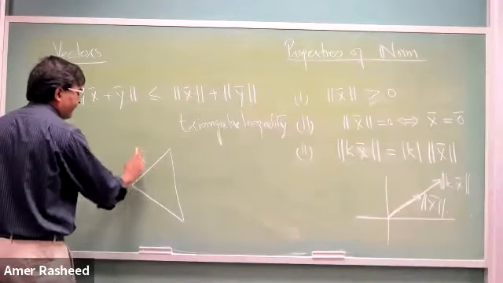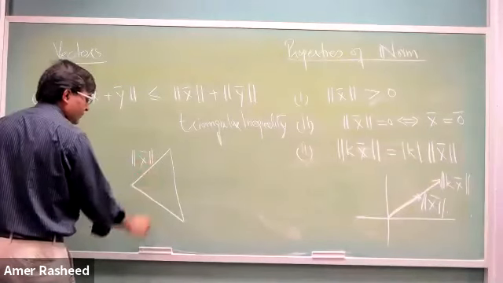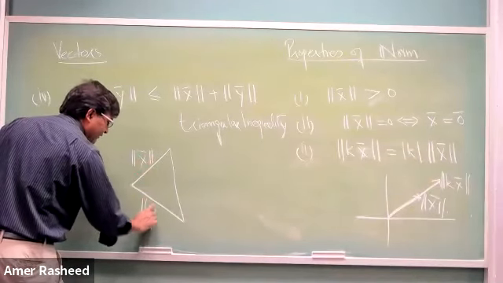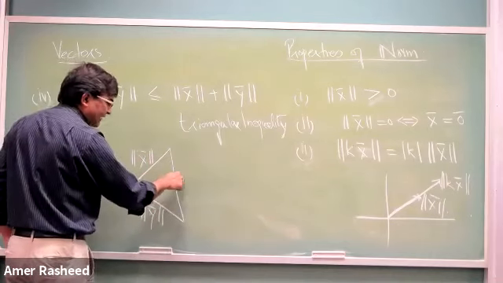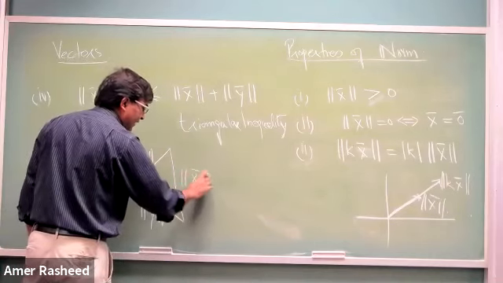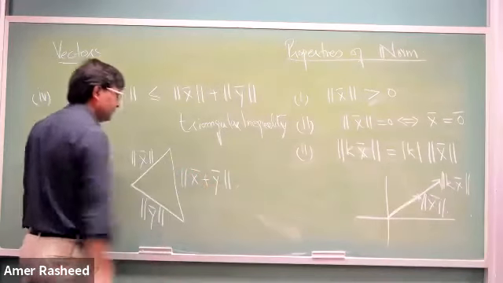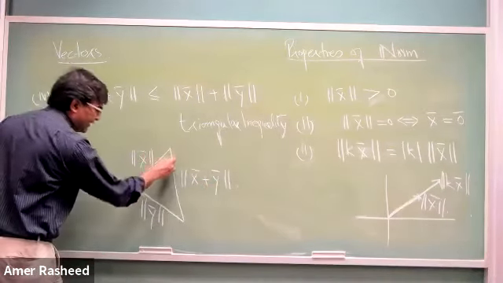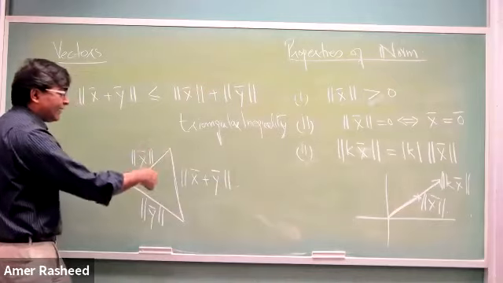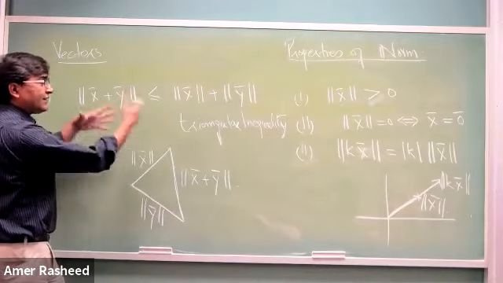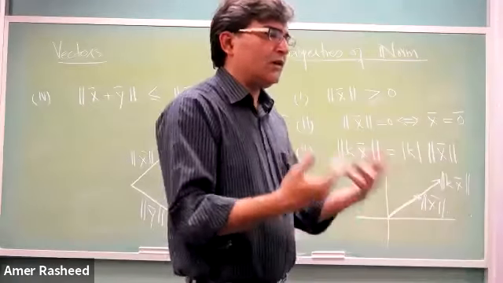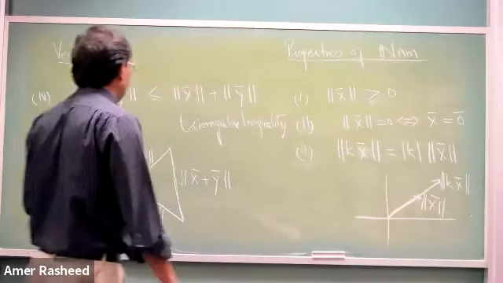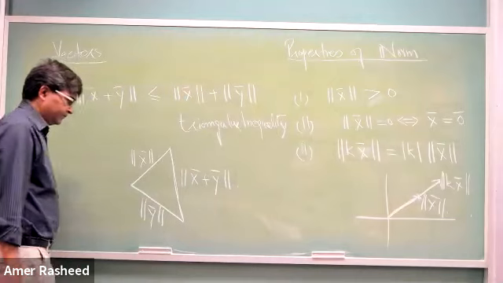This is the length of one side, and this is the length of some other side. The third length is x plus this. The length of this side is always less than the sum of the lengths of the other two sides. This is what the triangular inequality is geometrically.